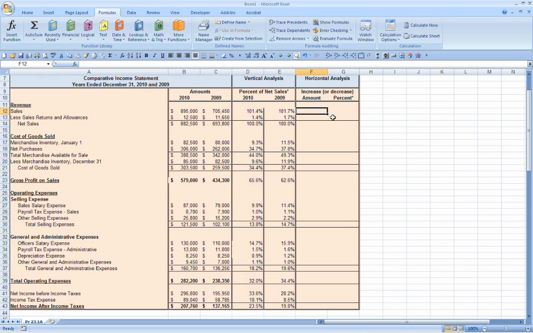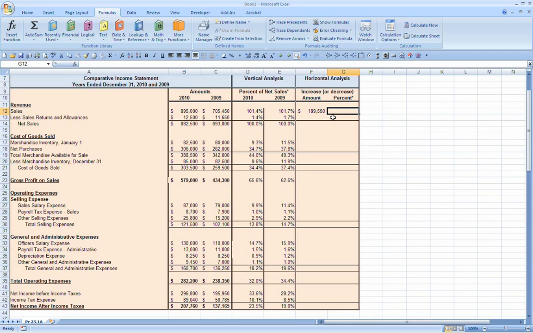Horizontal analysis is where we calculate the difference, 2010 minus 2009. So we're looking at this, and sales increased $189,550. Good. So I can look at this, and in just sheer numbers, gross sales went up. But now I want to convert that to a percent.